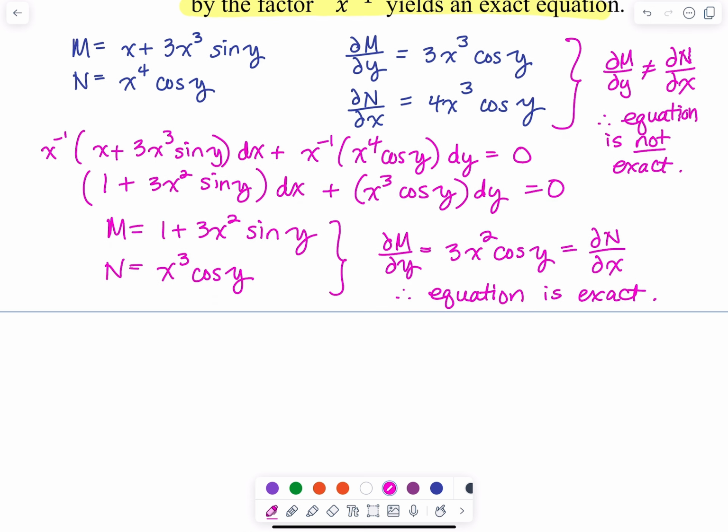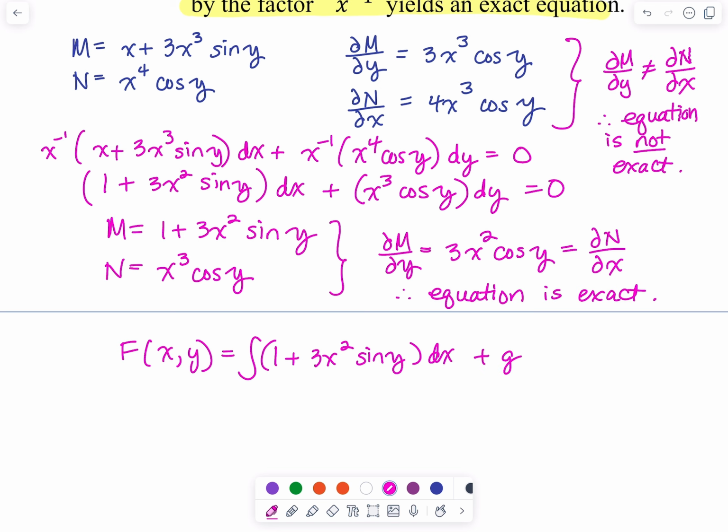We will come up with a function f and set that equal to the integral of 1 plus 3x squared sine of y dx plus g of y.